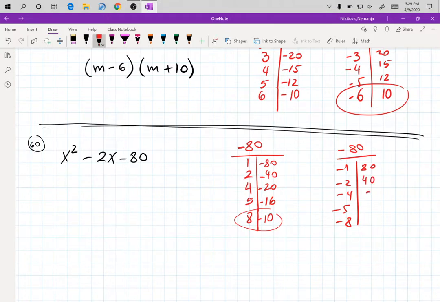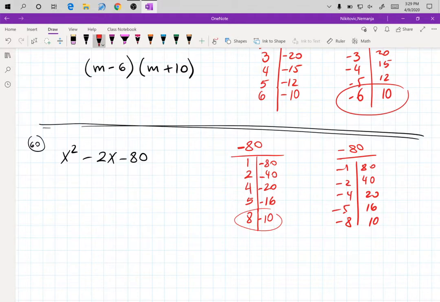For the sake of completeness, I will put the second chart as well. When you have minus signs on the C, you would have two charts: one where the left numbers are positive and one where the right numbers are positive. They have the same numbers, everything the same other than which number gets the negative.